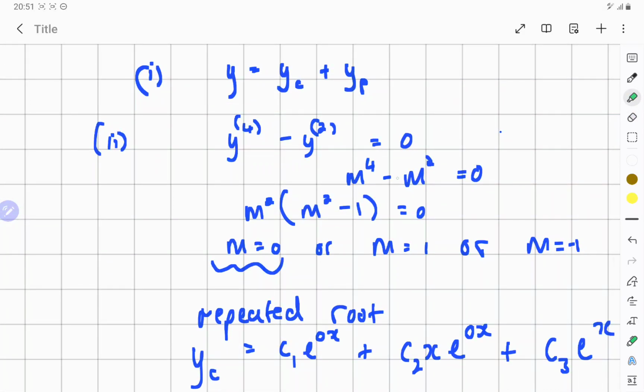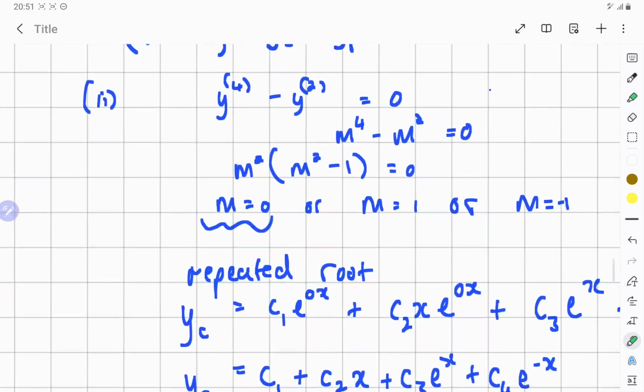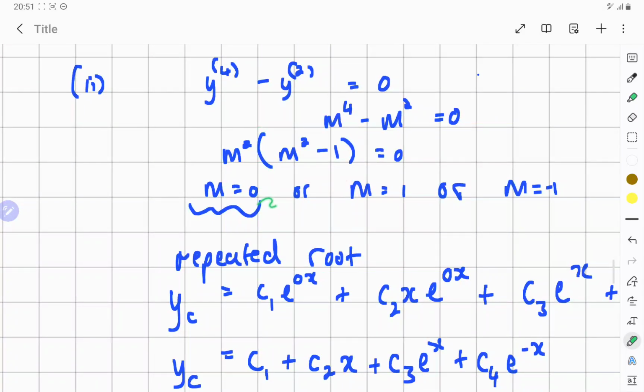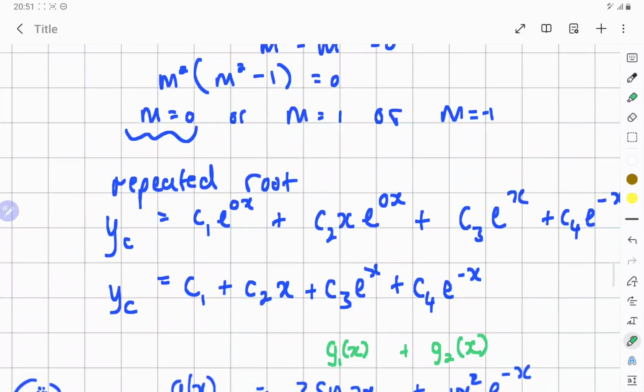So we have m to the 4 minus m squared. We take out m squared as a common factor: m squared times m squared minus 1. Just remember before, because we have m squared, m equals 0 is a repeated root. Don't forget to actually write it down for yourself so that you remember it in the test. Then here we have m is 1 or m is negative 1.